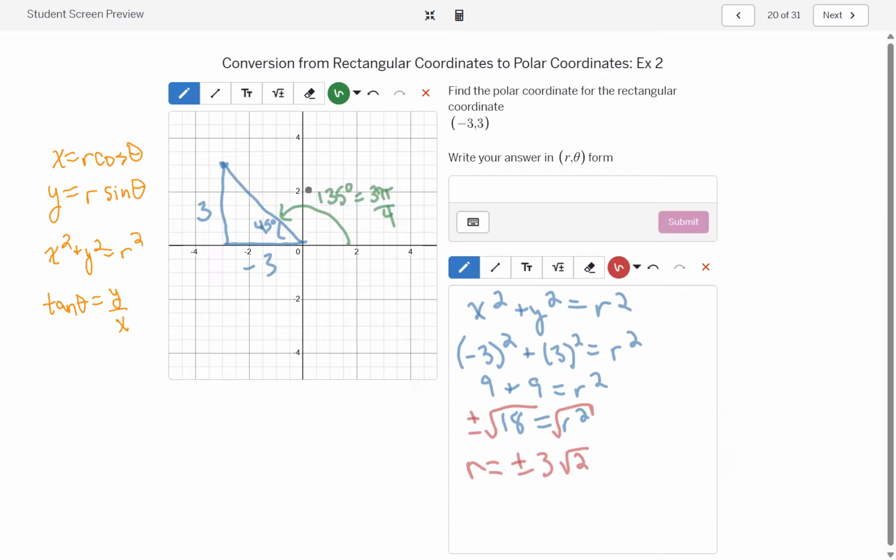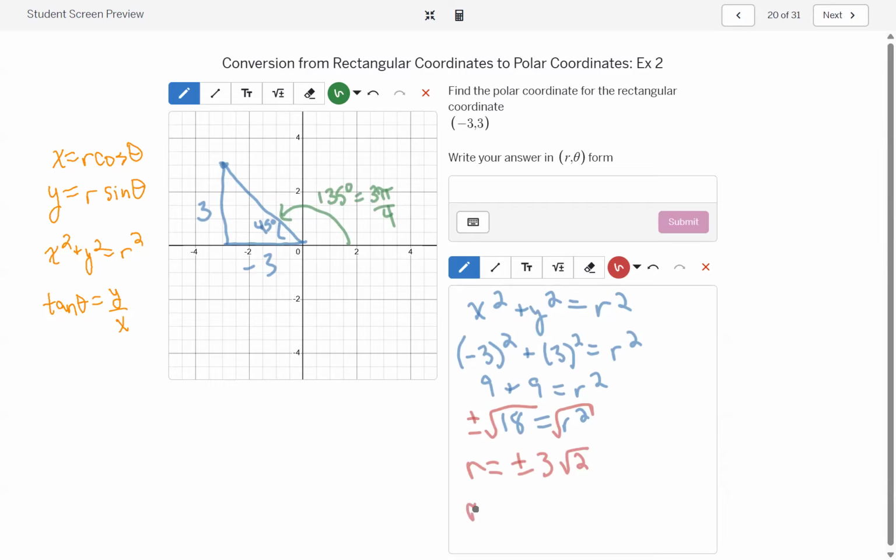Now, since I determined just from my sketch that the angle is 135 degrees, and then if I'm looking at quadrant 2, I would then move positive radius to go with that 3 pi over 4.